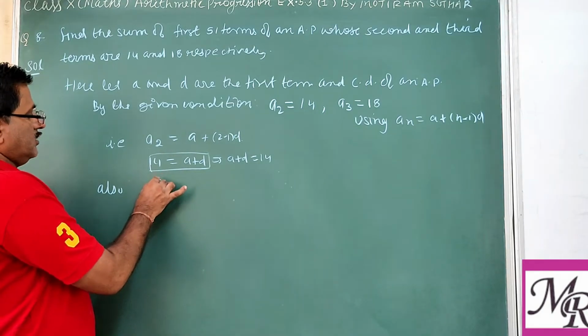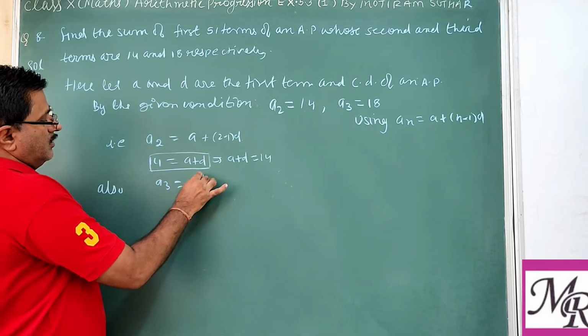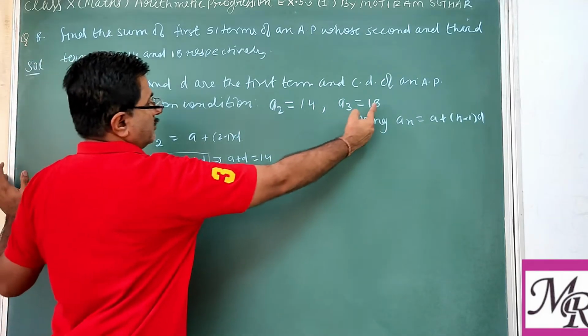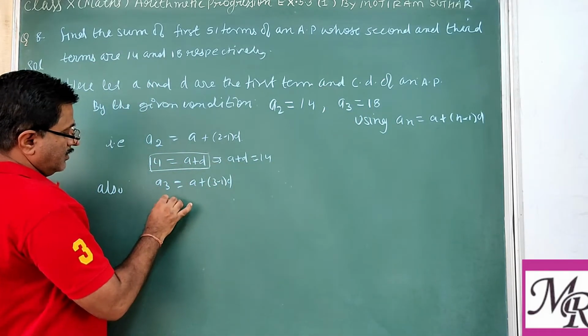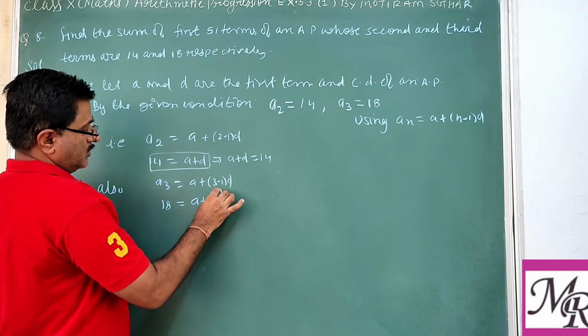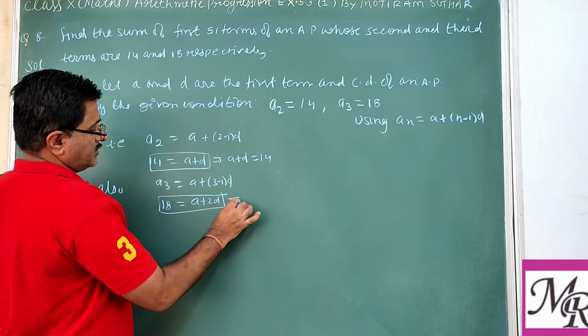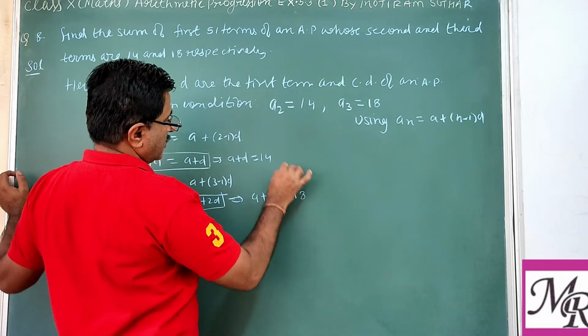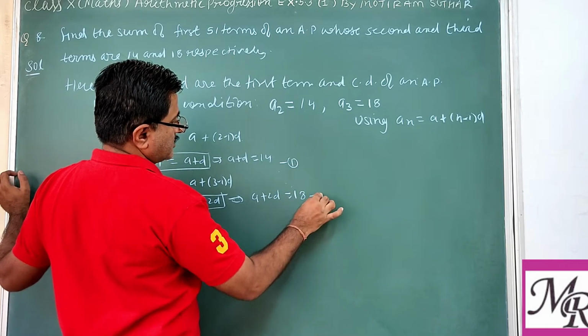So A3 is a plus (3 minus 1) d. Now the value of A3 is given as 18, equal to a plus 2d. So this will be written as a plus 2d equals 18. This is equation number 2.